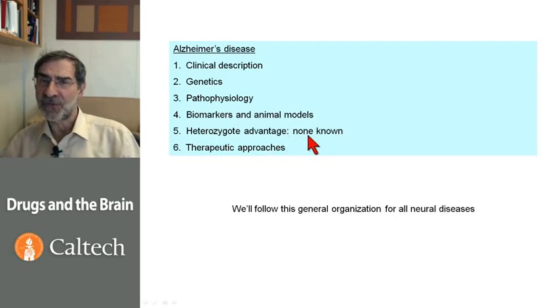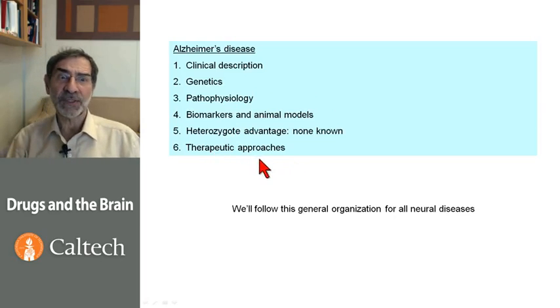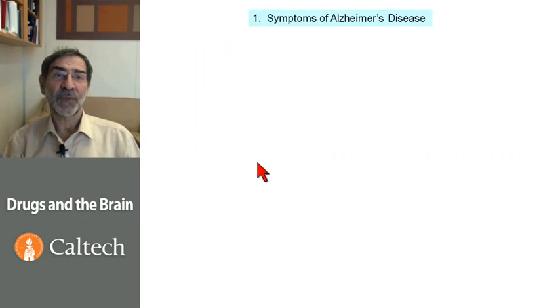Basically, none is known for Alzheimer's disease, and we won't have a good example of a heterozygote advantage until we begin to talk about depression and bipolar disease. And then, of course, because this is a course on drugs and the brain, we're going to discuss therapeutic approaches. For each disease, we will emphasize one or the other, depending on what is actually known about that disease and how much therapeutic progress has been made.